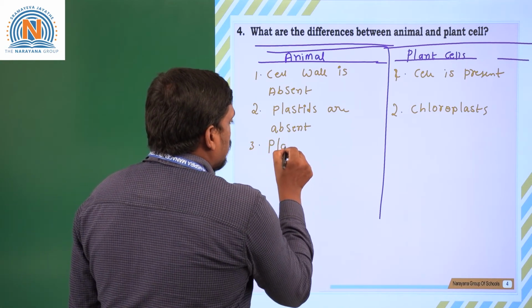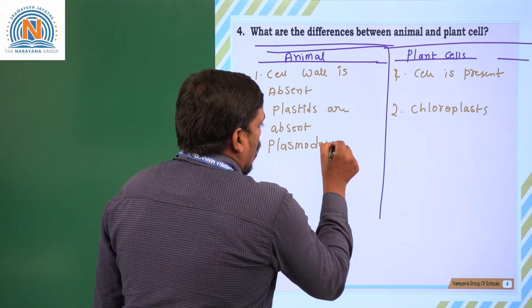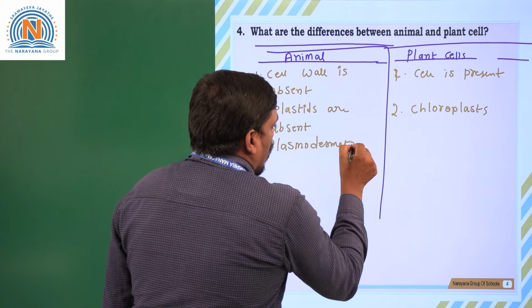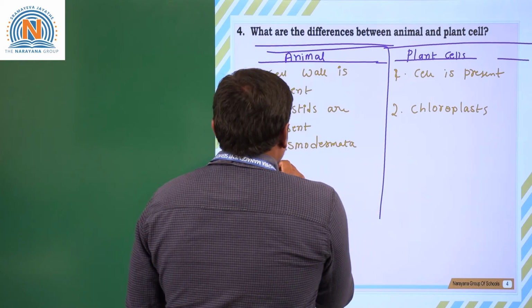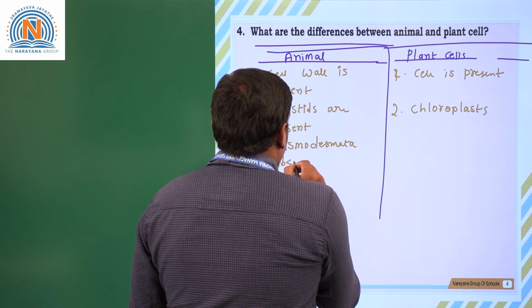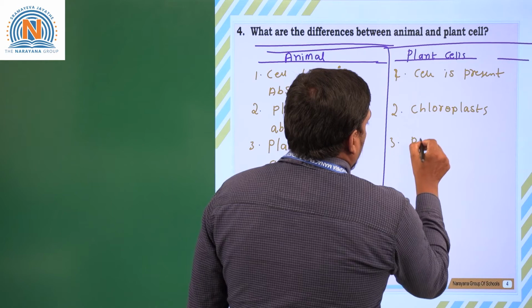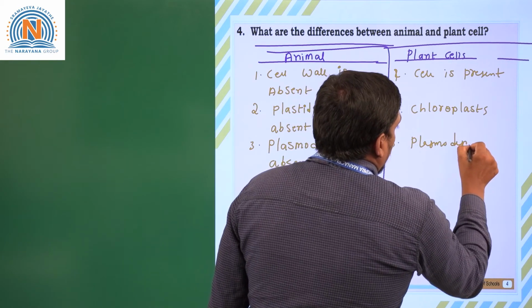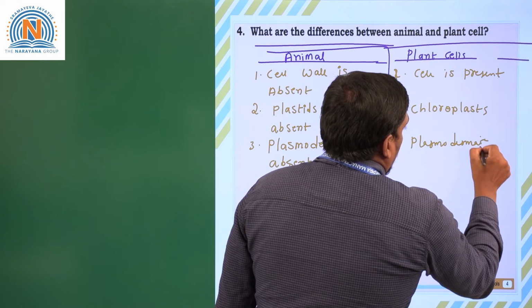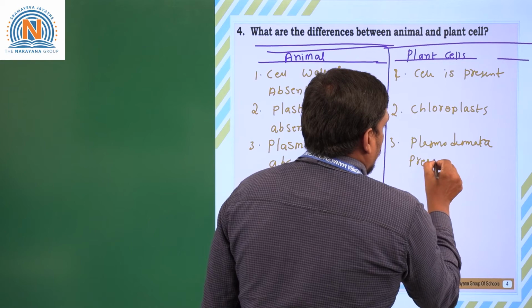Plasmodesmata are absent in animal cells, whereas plasmodesmata are present in the plant cell.